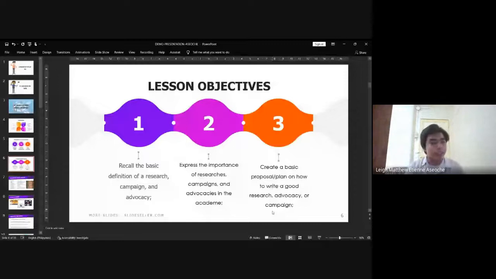And third, you are to create a basic proposal or plan on how to write a good research, advocacy, or campaign. It's either of the three, so you don't need to be worried about doing all three. I hope you're prepared with your pen and paper because we will be having some activities to start the class.